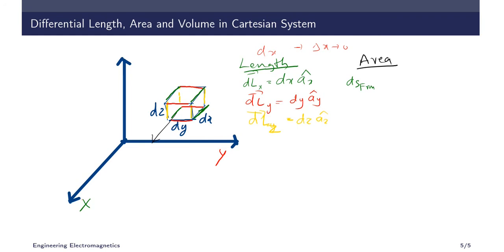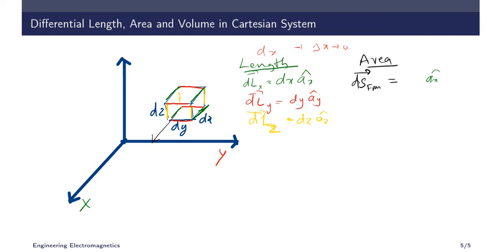Better I will write in black. I will name it as vector ds in the direction of front, which is equal to, what is the direction of front, which is the x-axis, so the unit vector will be ax cap.